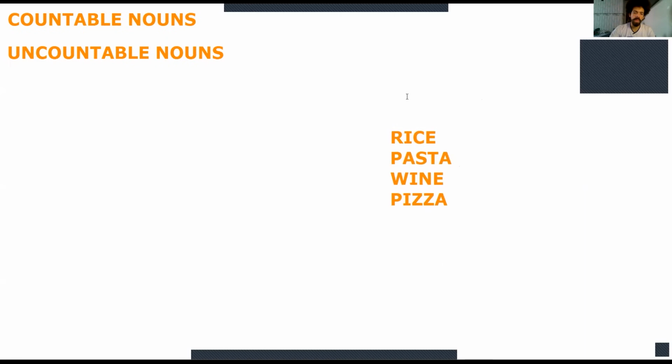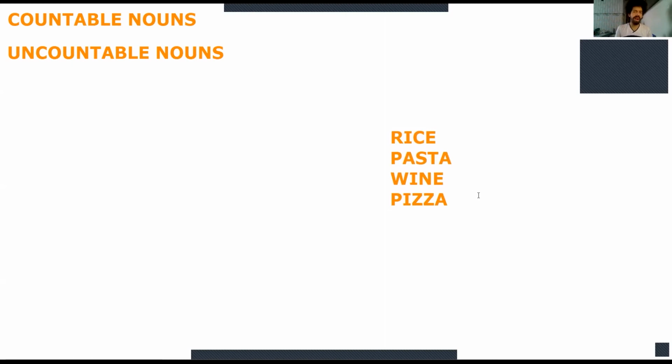So I wrote here 4 examples of uncountable nouns. We already talked about the fact that we cannot just put a number before them and say we're gonna eat 5 rices. We need units of measure.